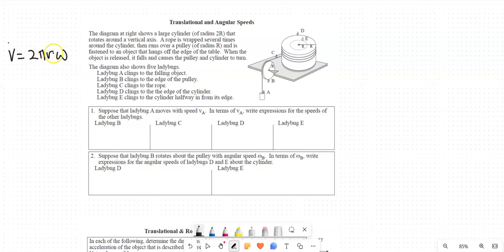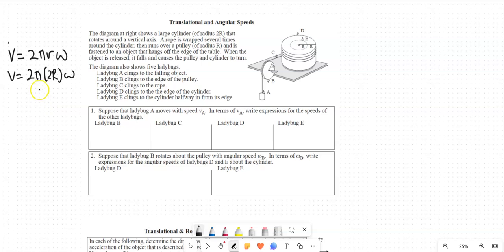So even though everything has the same omega, the linear velocity of this big wheel determines the linear velocities of C and this guy's linear velocity, as well as A, since they're all connected to this big wheel. So that big wheel has a linear velocity of 2 pi times 2r times that shared omega that everything has. This is spinning at the same rate as all of this other stuff.